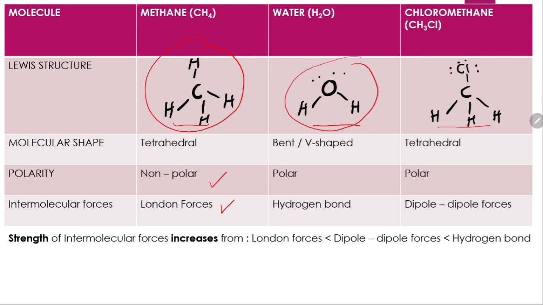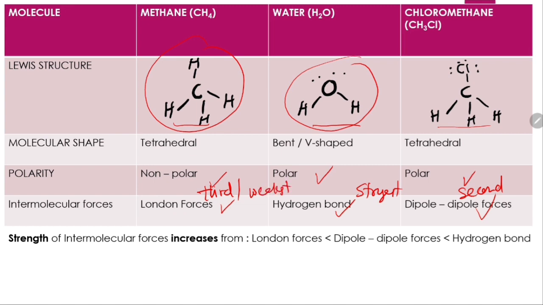The water molecule is polar, and it has the presence of hydrogen bonds. Whereas chloromethane is a polar molecule, but it will have dipole-dipole forces. If you rank in terms of strength of intermolecular forces, hydrogen bond is the strongest. Secondly is dipole-dipole forces, and London forces is the weakest, the third one.